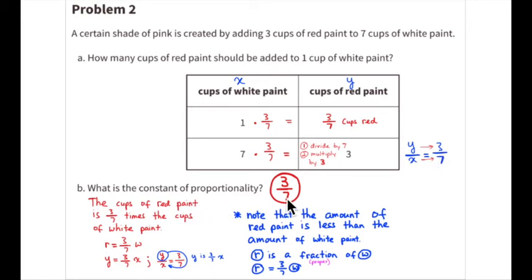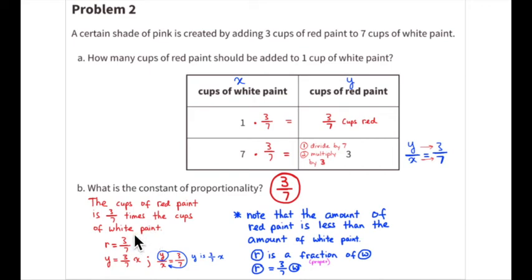So what is the constant of proportionality? It is that 3/7. So in words, the cups of red paint is 3/7 times the cups of white paint. So think about that and say it again. The cups of red paint is 3/7, it's a fraction, times the cups of white paint.